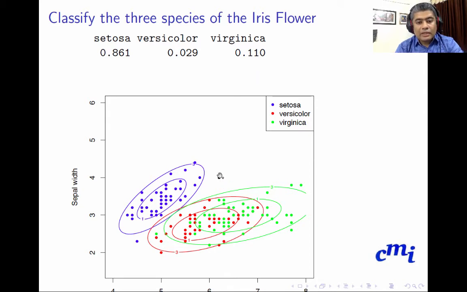Even if from the data it does not belong to the main cluster of any of the three subspecies, our Bayes probability tells us that this particular test point most likely belongs to subspecies setosa.